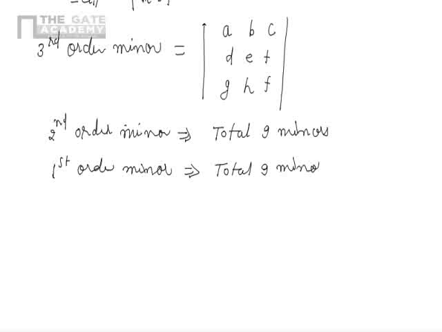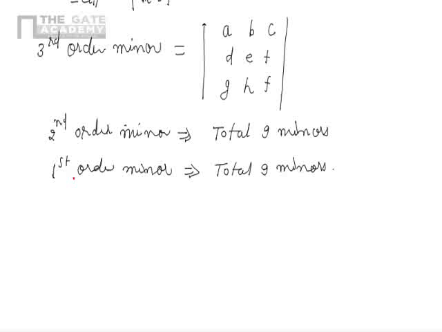So if any matrix is of order 3, there will be one minor of order 3, 9 minors of order 2, and 9 minors of order 1.